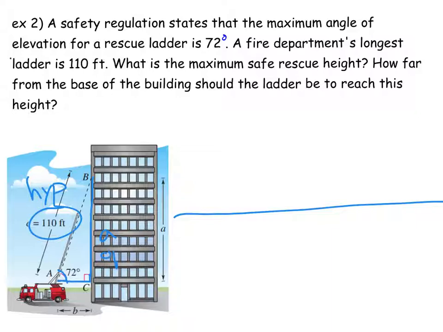I'm going to keep labeling here. A is opposite. B is adjacent. So it looks like if I want to get A, I'm going to take that the sine of 72 degrees is A, that's what I'm looking for, over 110.